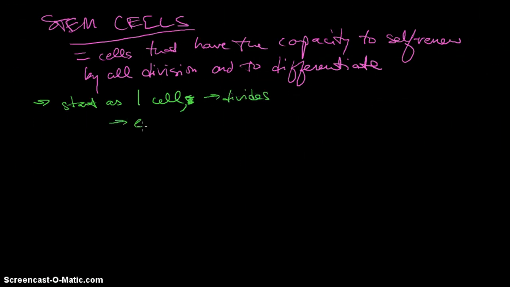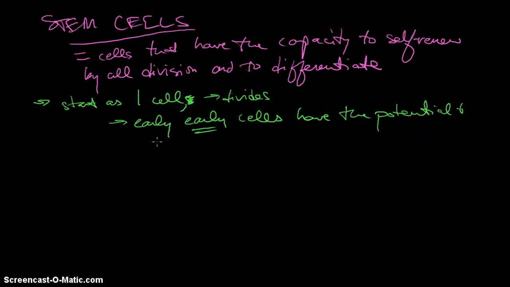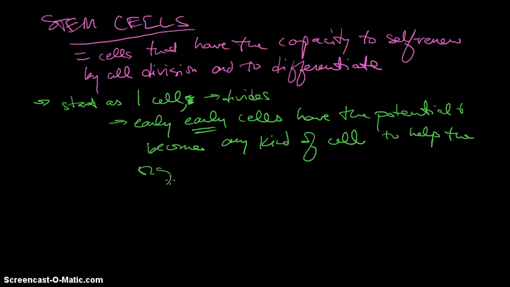And these early cells, after a few divisions, have the potential to become any kind of cell to help the organism function. So they're pluripotent. They have the ability to become any kind of cell that the body needs.